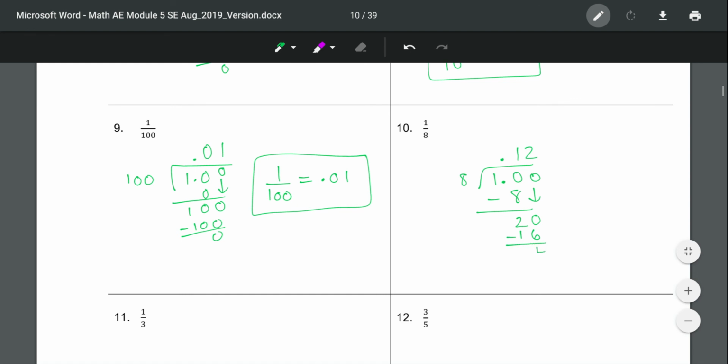Your remainder is 4. Add a 0, bring it down. 8 goes into 40 5 times. 5 times 8 is 40. So that means 1/8 is equivalent to 0.125, or you can add a 0 as a placeholder. So it'd be 0.125, which is 125 thousandths.